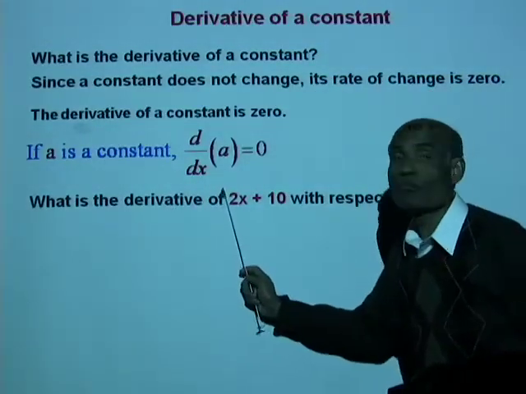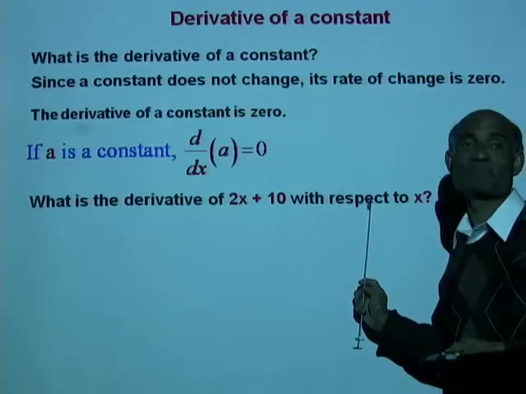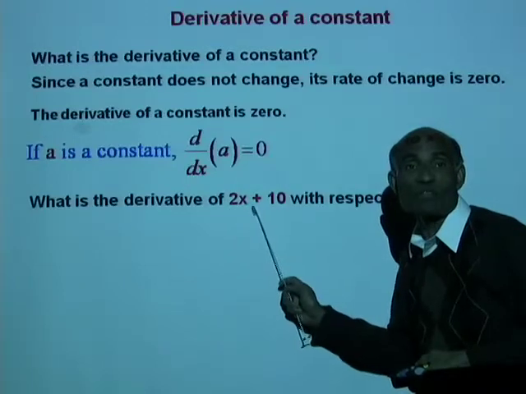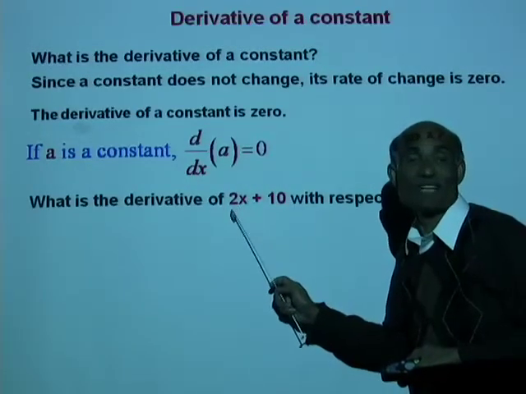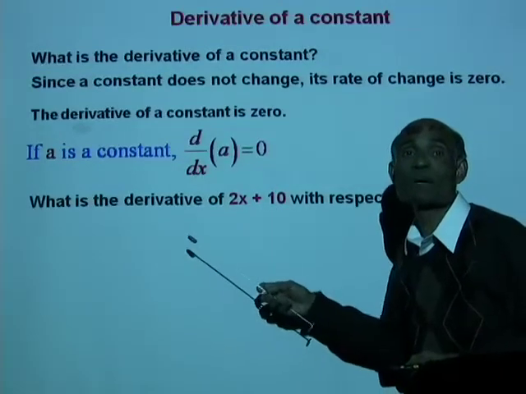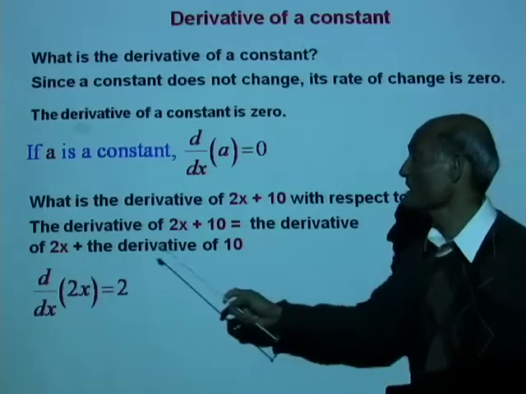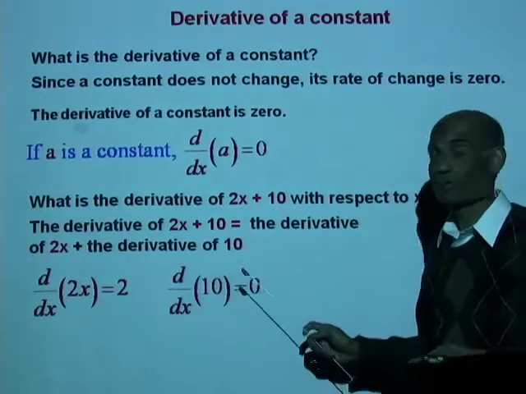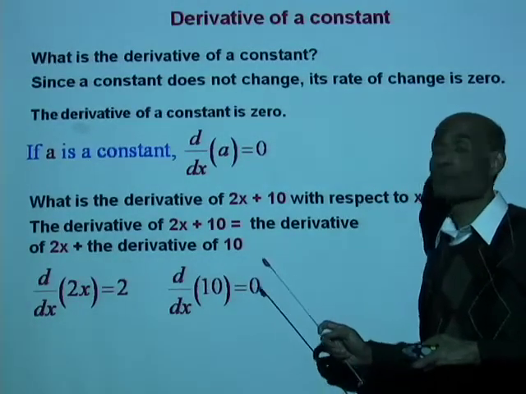What is the derivative of 2x plus 10 with respect to x? Well, we can find the derivative of each of these. The derivative of 2x with respect to x is 2. The derivative of 10 with respect to x is 0.